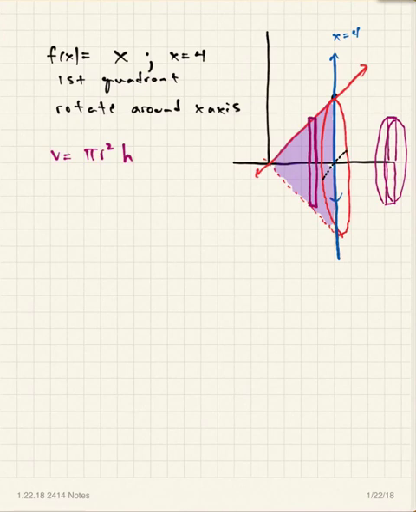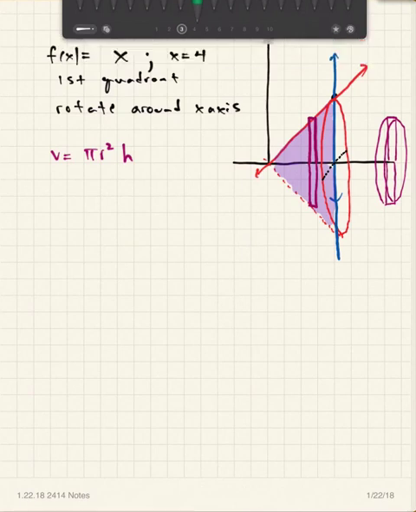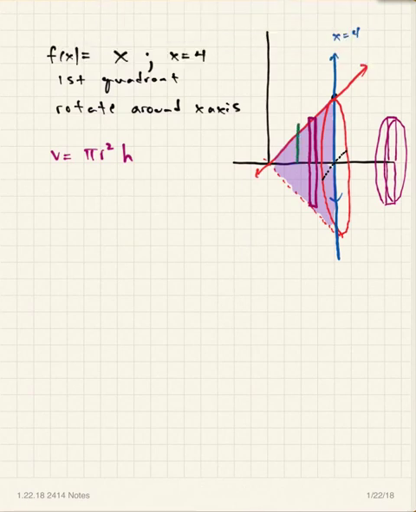This is the radius right here. The radius of that rotation is this distance right here. It's always going to be from the axis of rotation out to the end of that rectangle like that. And so that would be given by y. And y is equal to x in this case, because you're talking about the function f of x equals x.